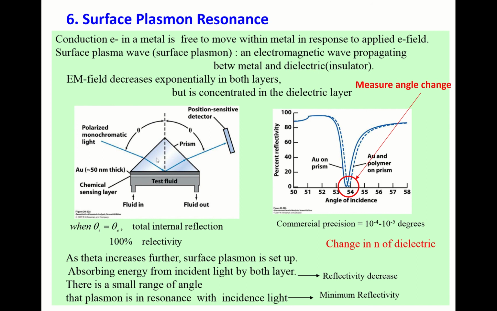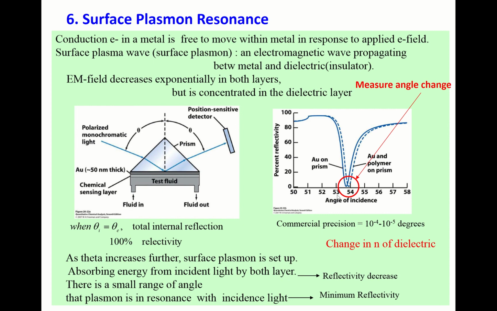Anyway, simply remember that the surface plasmon is the collective motion of the electrons at the surface. So this is a very surface-sensitive technique. The peculiar thing is that the surface plasmon is excited by the electromagnetic wave.